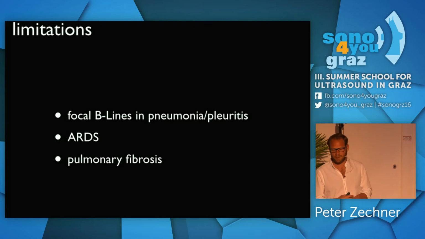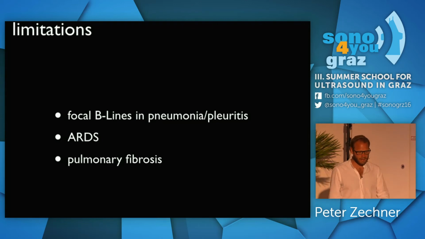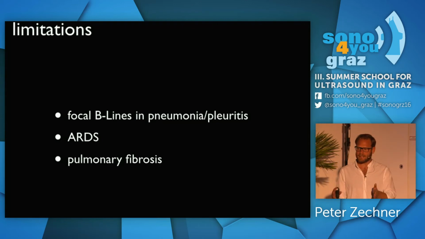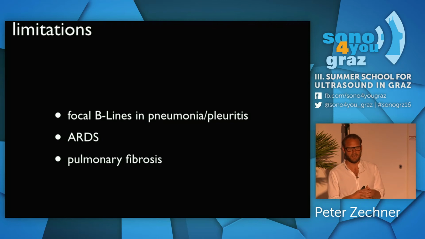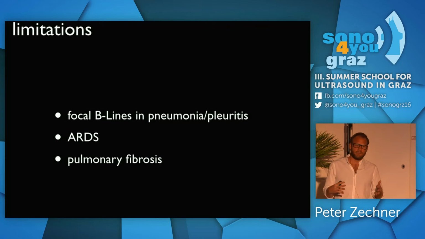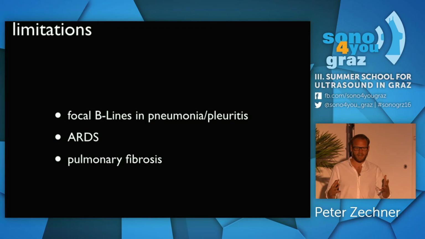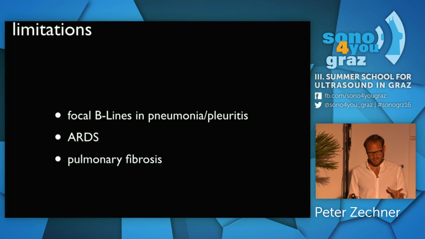But if you get such a patient, you normally find normal areas next to areas with a lot of B lines. This is something you would never find in pulmonary edema. So in these patients, it's very hard to differentiate, of course, because ARDS is kind of pulmonary edema, as we know, but we can differentiate it if we are experienced, but that's not the easiest thing, I would say.